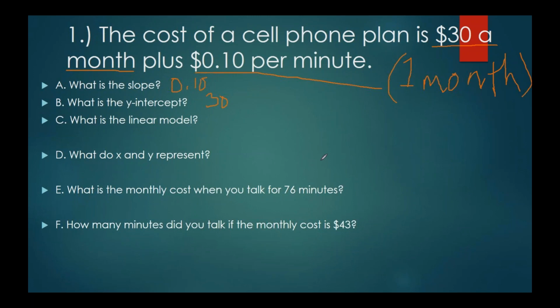If I know that the y-intercept is 30 and the slope is 10 cents, what does my linear model look like? Always starts with y. What comes after the equal sign?